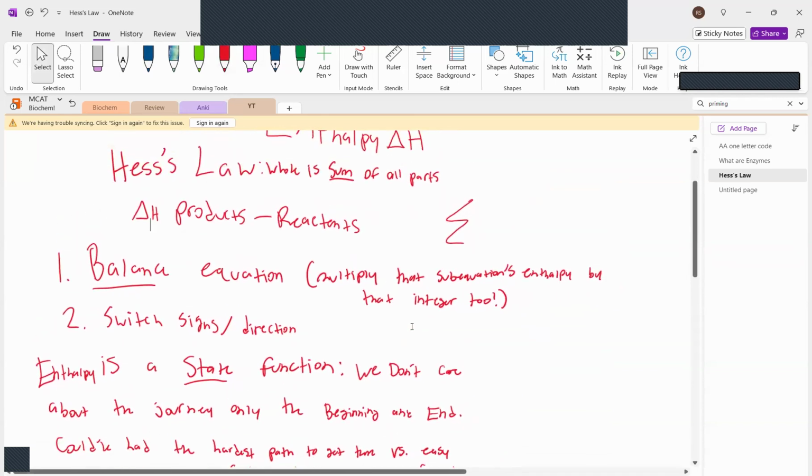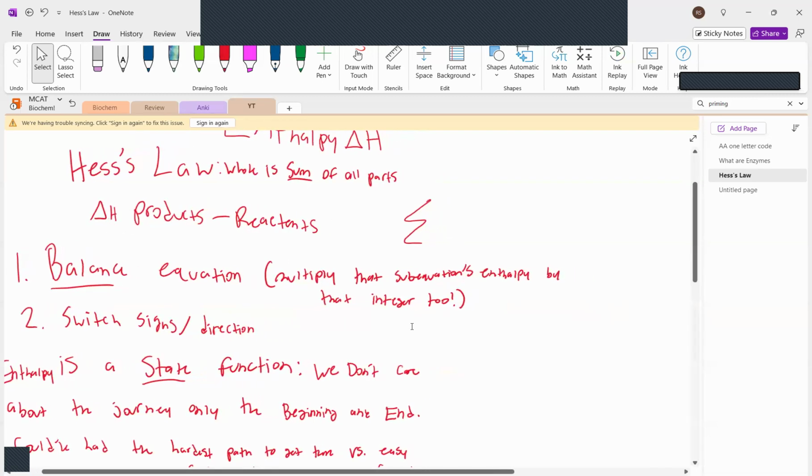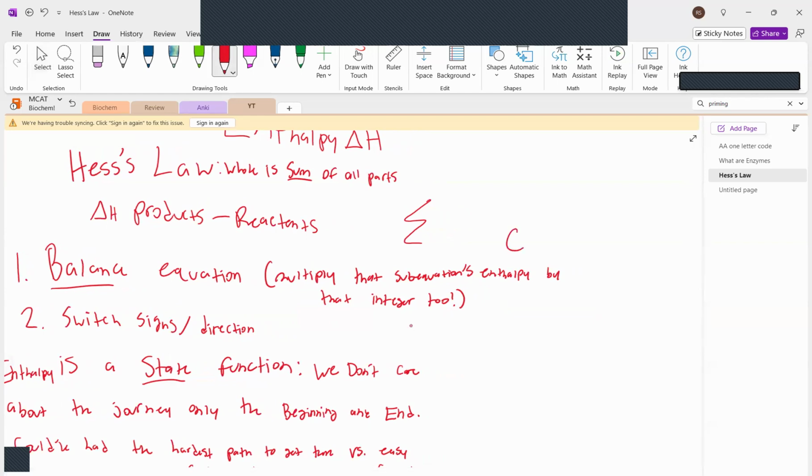So before we go into a problem, here are some things that you should always do. You should always balance the equation. A lot of the times on the MCAT, they'll try and trick you where you don't realize that the equation isn't balanced. Let's say, for example, this carbon on the reactant side has two, and this is C4.